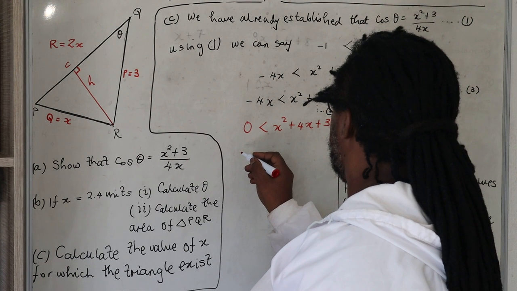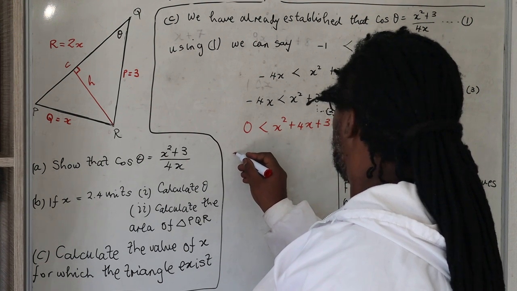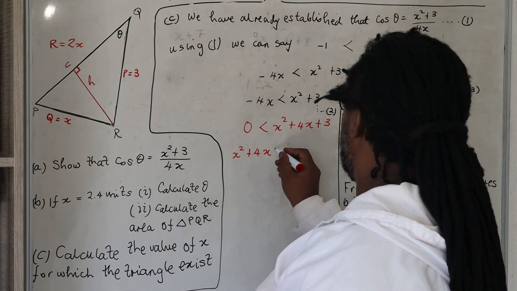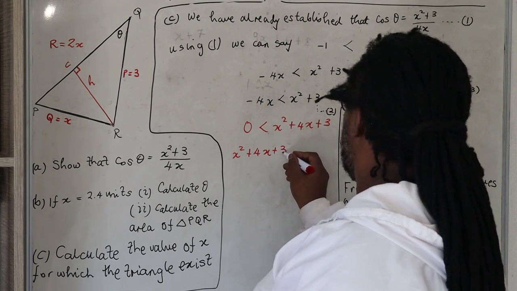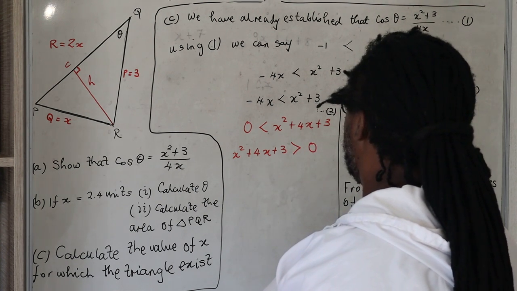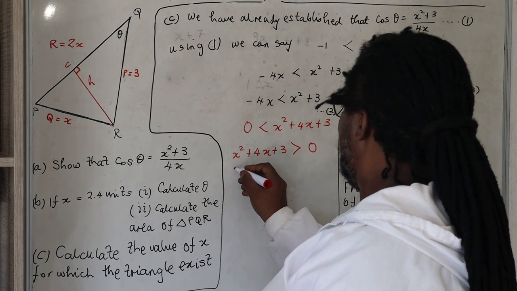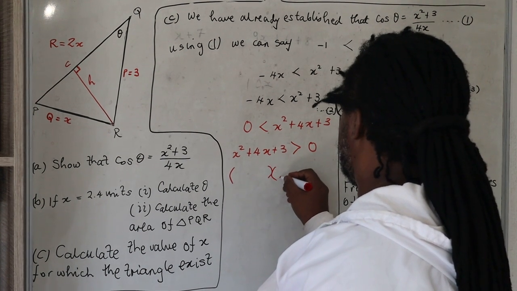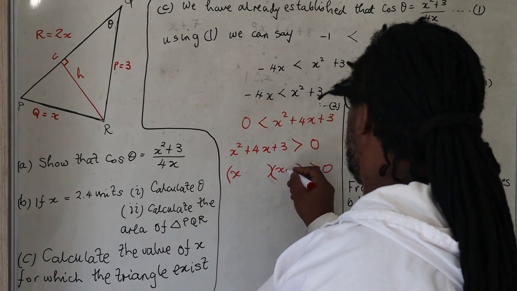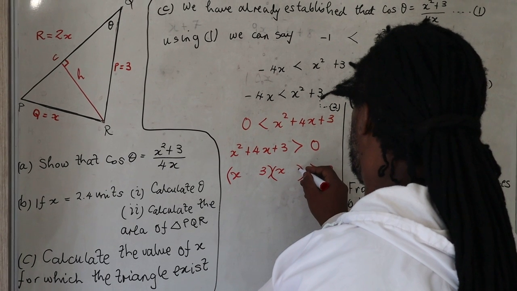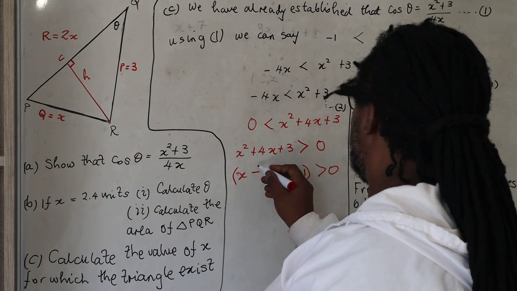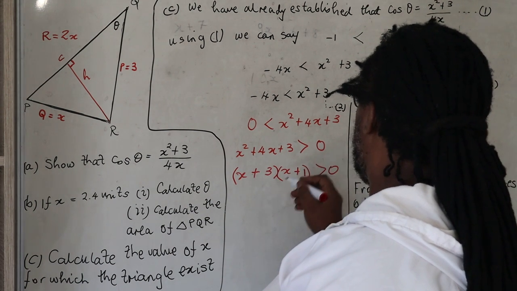Then we will have x squared plus 4x plus 3 is greater than 0. And if we factorize, we have x, 3 and 1, and this will be a plus and a plus.